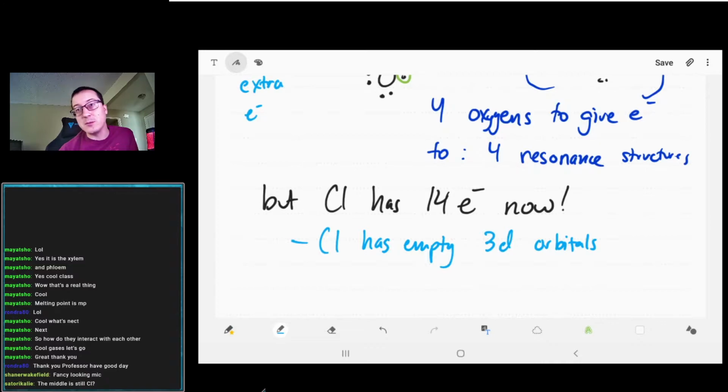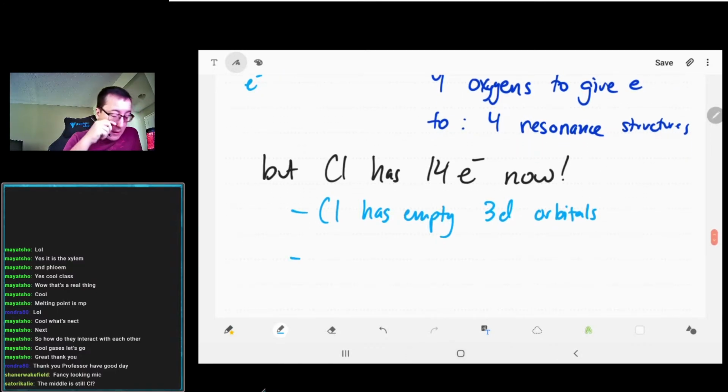And L of 2 means the d orbital, right? So it does have d orbitals, it just doesn't have anything in them. So technically, we could shove extra electrons into 3d orbitals. So it does have space for these electrons up there. Of course, it's not ideal, but oxygen gets what oxygen wants.